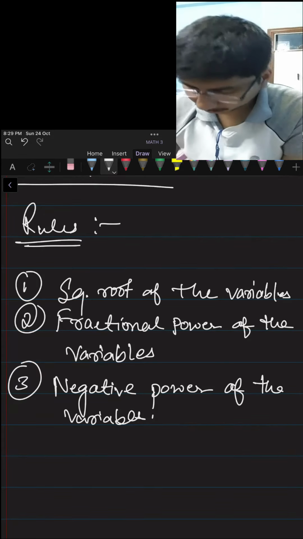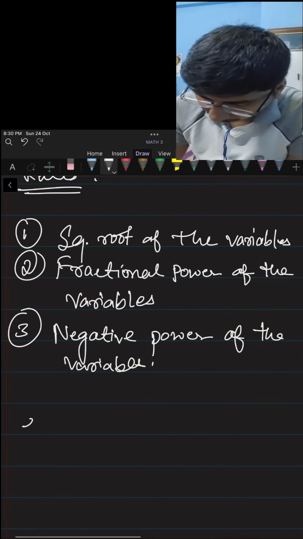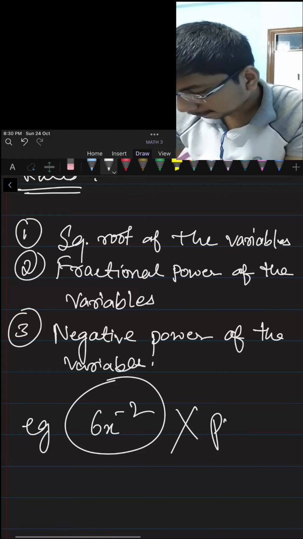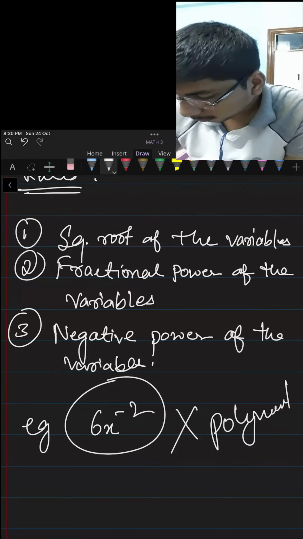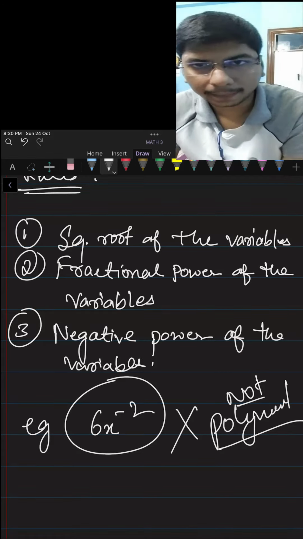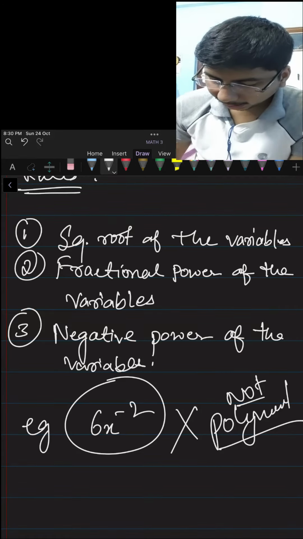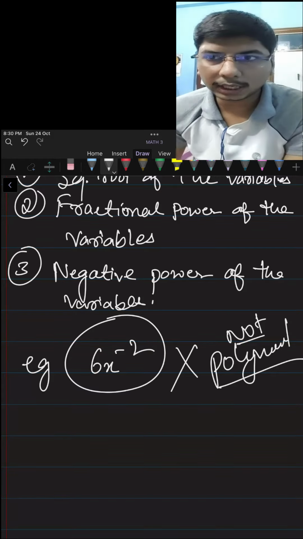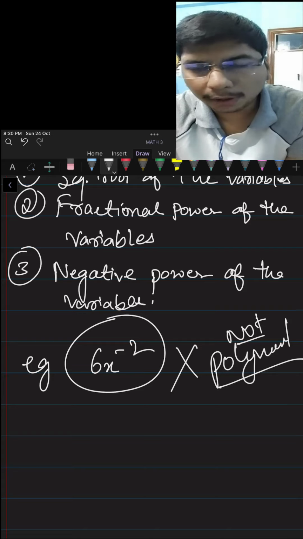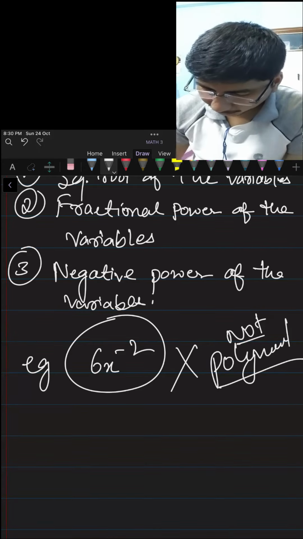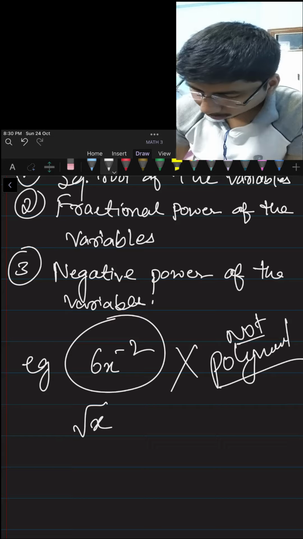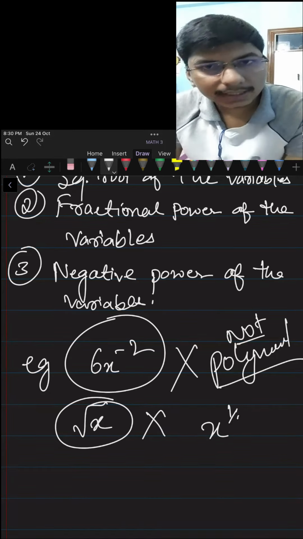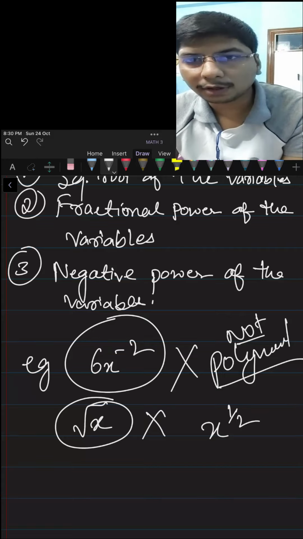If we take this as an example, 6x to the power minus 2, this is not a polynomial. How? Here negative power of any variable is not accepted. Similarly, this is also not a polynomial, because here a fractional part is coming, which is not accepted in polynomials.